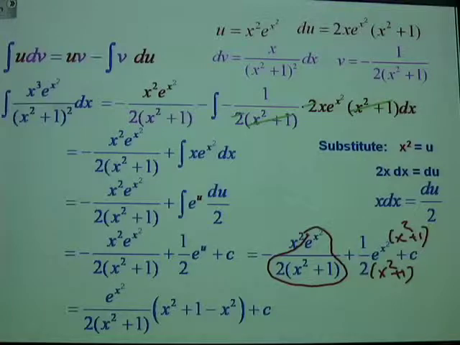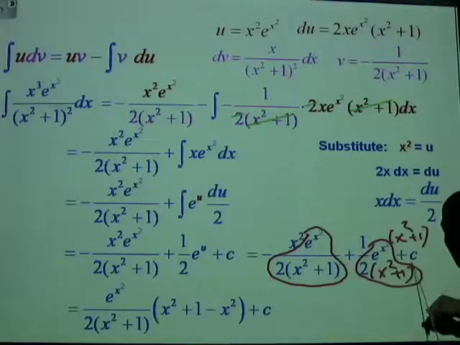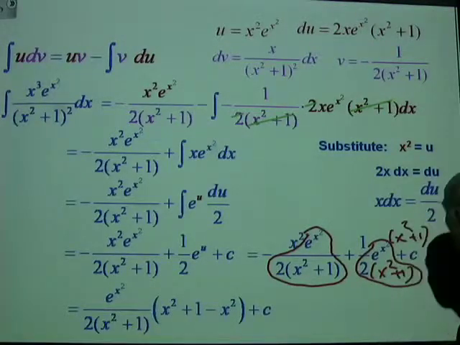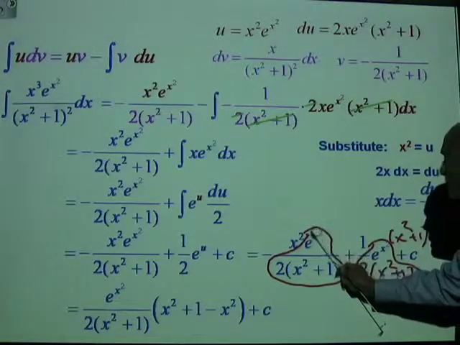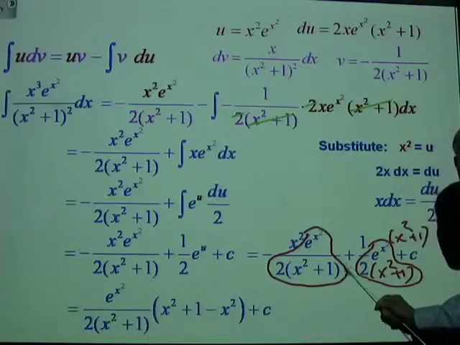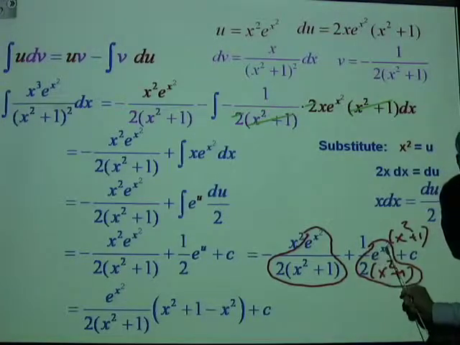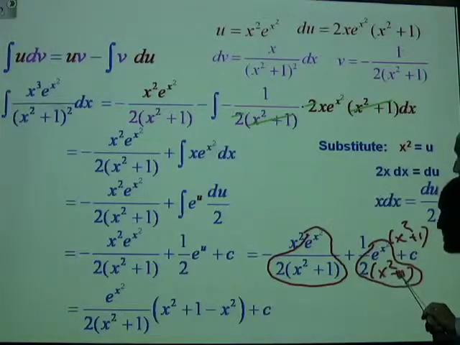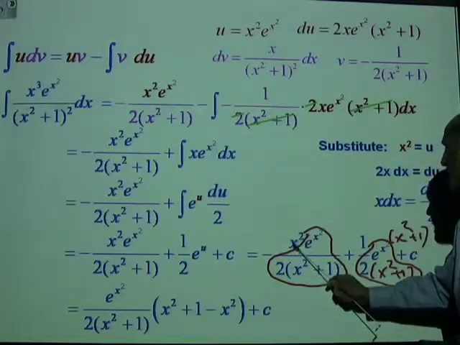Now, you can see this is going to come out. Alright? Now, what I've done is in the second term, I multiplied the numerator by x squared plus 1, the denominator by x squared plus 1, and what have you taken out? e to the power of x squared over 2 times x squared plus 1 here, e to the power of x squared divided by 2 times x squared plus 1. That's going to come out, leaving in the first term an x squared.